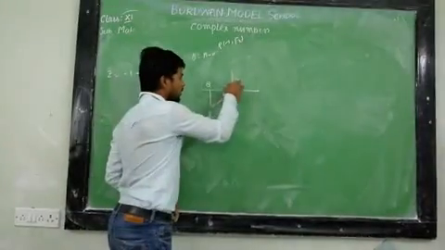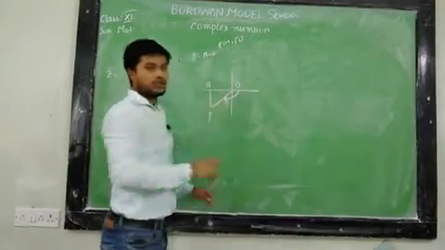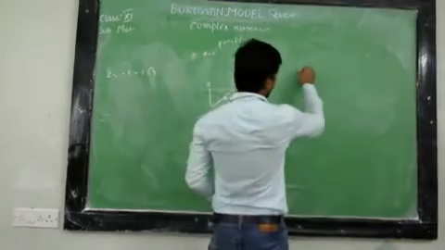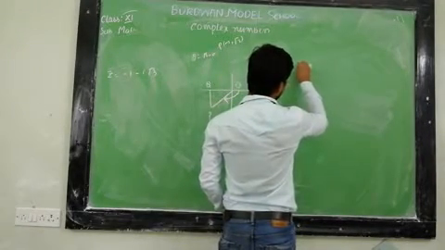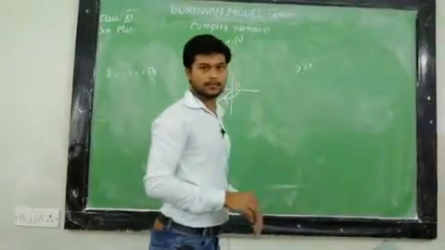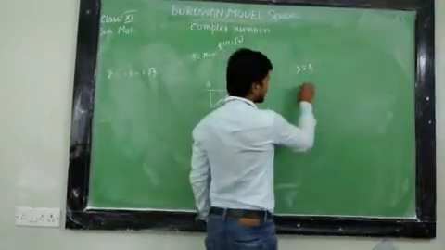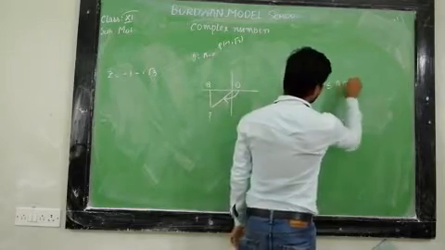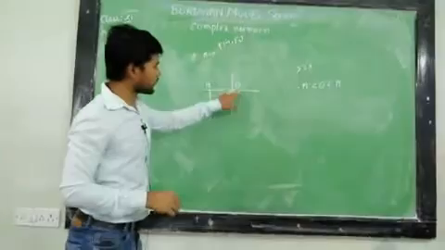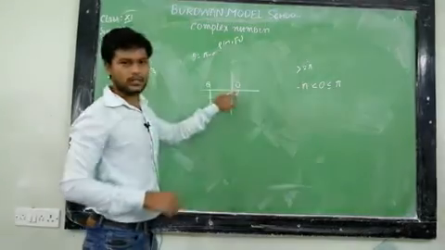If we measure it in the anticlockwise direction, the value of the argument will be more than 2 pi. But for the principal argument, the interval must be -pi to pi. So in that case, we will calculate in the clockwise direction.